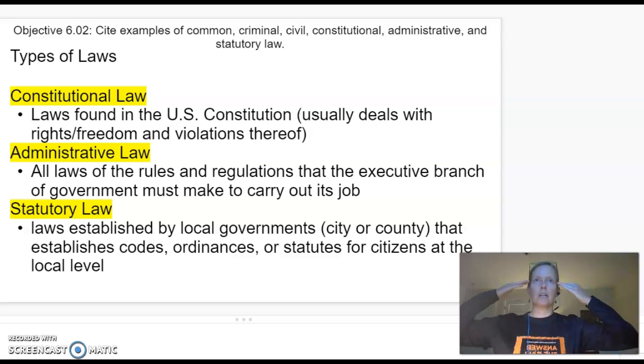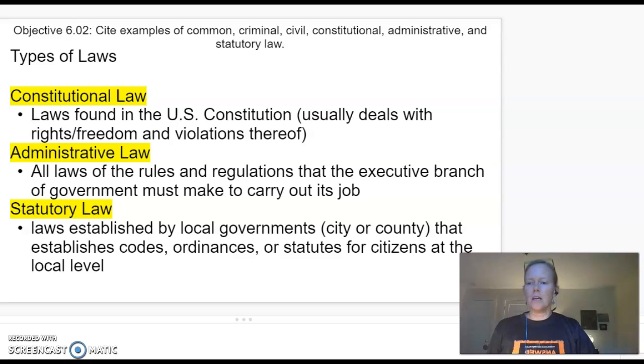Think of something in your head, because I can't think of something off the top of my head. You can think of something. Shoot me a message and I can add it to this. So anyways, those things would be statutory laws. Basically, again, established by local governments to either control the citizens or protect the citizens in some case like that.